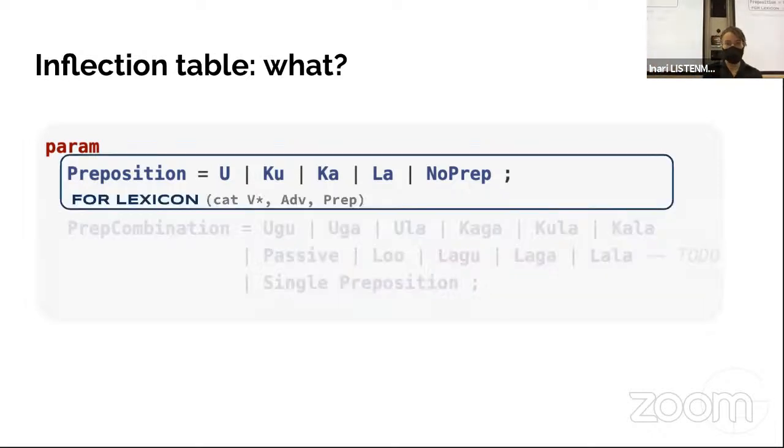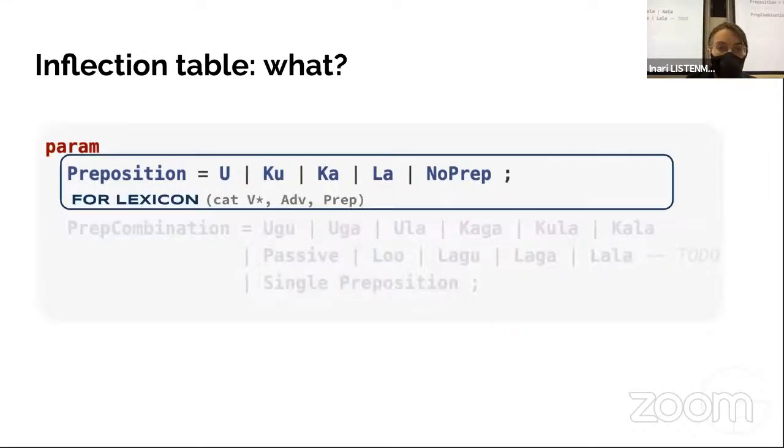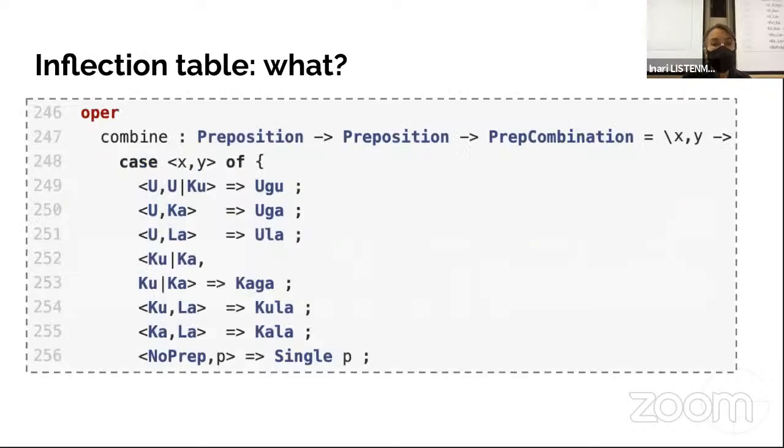Okay, so the single ones are for the verbs and preps and the adverbs, so for the lexical categories. And the combination is for the syntactic categories like VPs and so on.